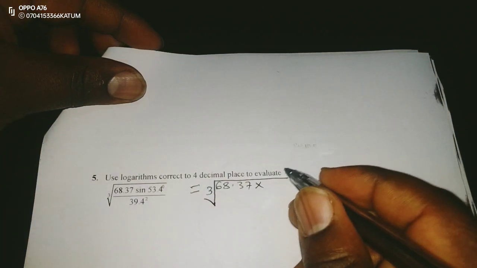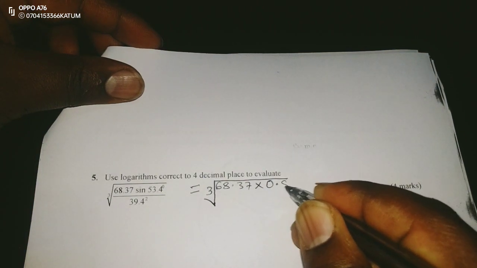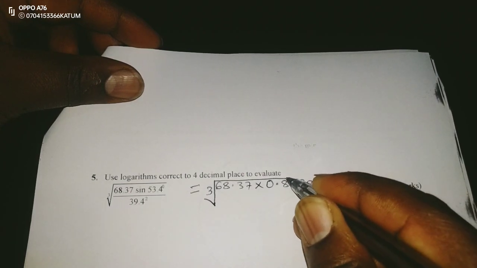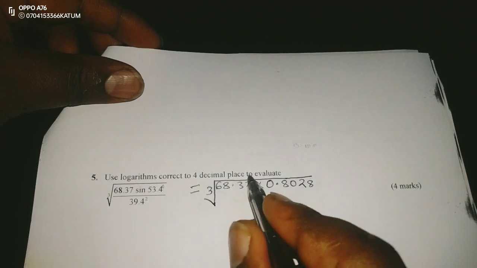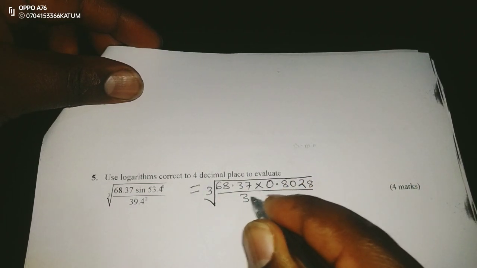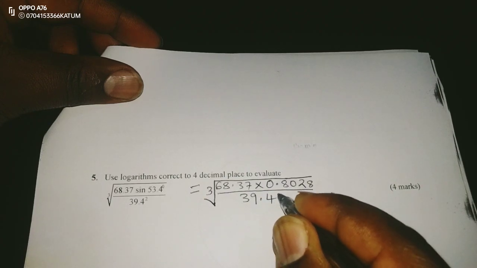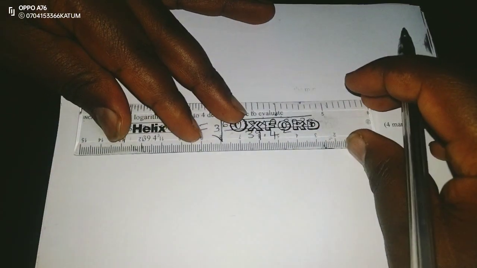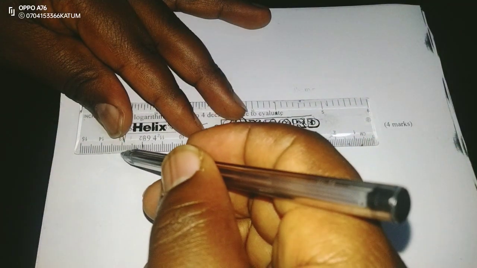This gives us 0.8028, then divided by 39.4 squared. So now we are having the numbers now.